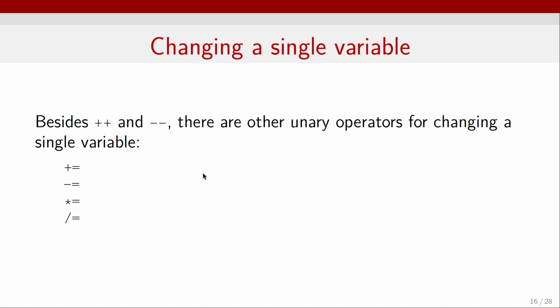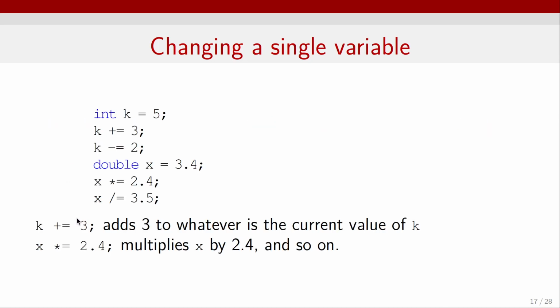Besides plus plus and minus minus, there are other unary operators for changing a single variable. For example, plus equals, minus equals, star equals, and divided by equals. For example, if I introduce an integer k equals 5 and I say k plus equals 3, that is the same as saying k equals k plus 3.